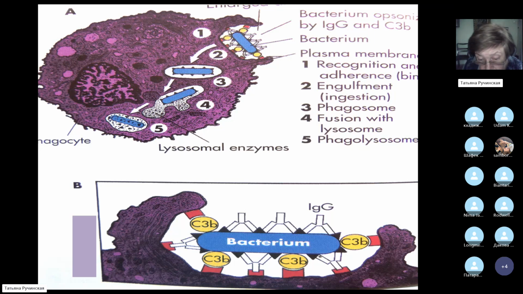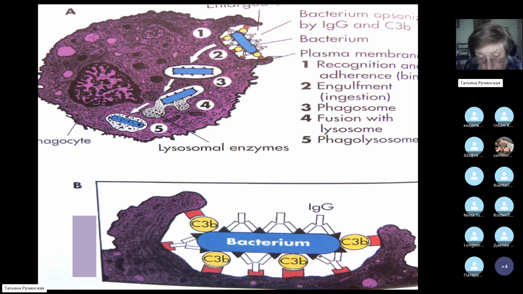That is why, you see, immunoglobulins with their Fab fragment bind to bacteria, and the Fc fragment is free and binds to its own receptors on the surface of neutrophils.